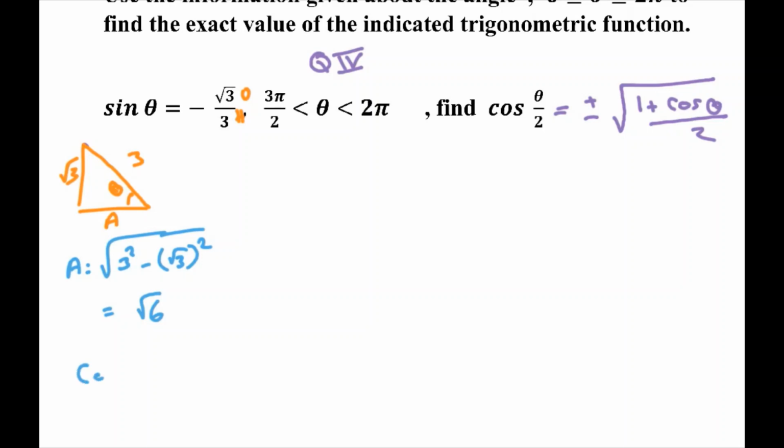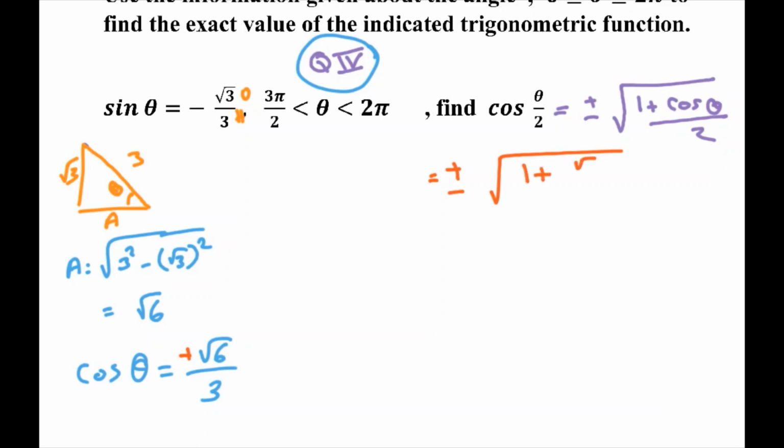Now we know that cosine theta will be adjacent over hypotenuse. Since we are talking about quadrant 4, cosine is positive there. Now I go here and say it's equal to positive or negative square root of 1 plus square root of 6 over 3, all over 2. And then you can start simplifying.